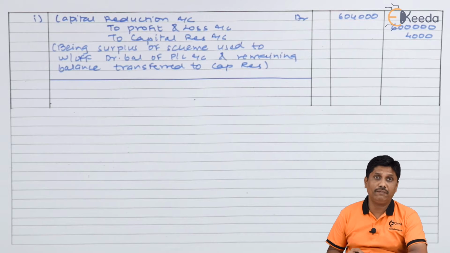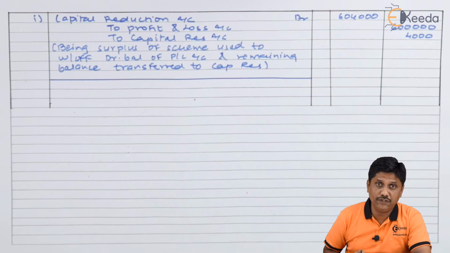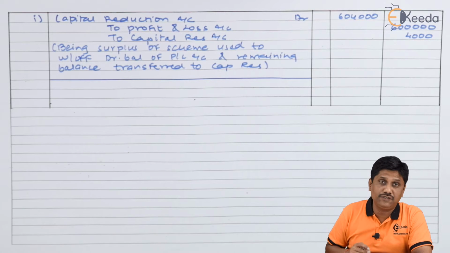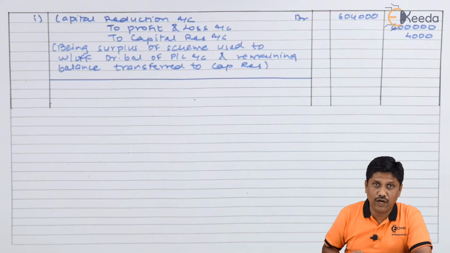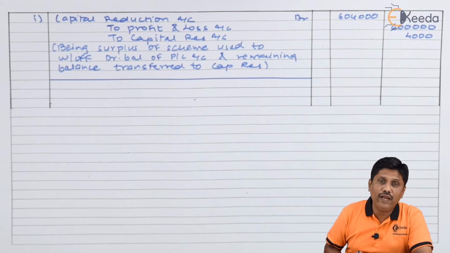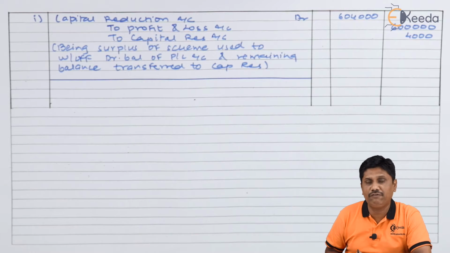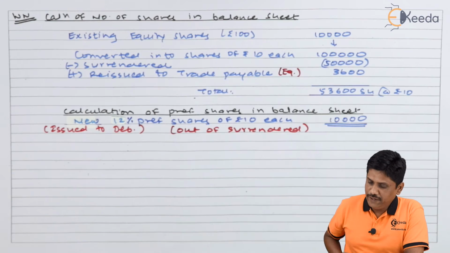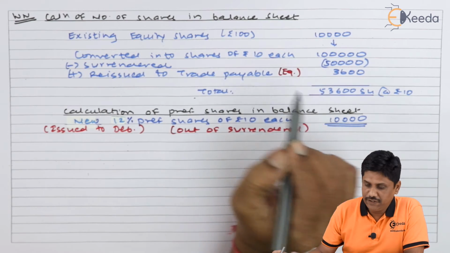Importantly, now I have to prepare a balance sheet. While preparing the balance sheet, we have to keep in mind our existing shares are surrendered to the extent of 50%, right? And thereafter surrendered shares are reissued also. I have to decide how many shares will appear in our balance sheet, for which I will be preparing a small working note. Friends, you can notice I am ready with my working.